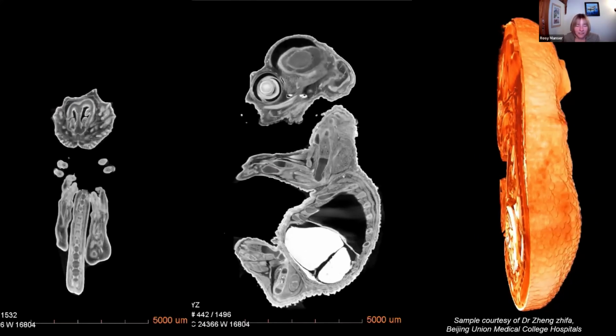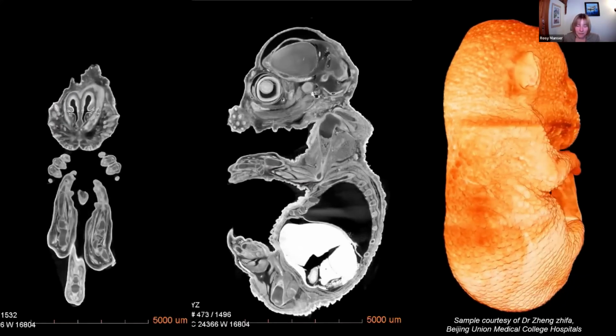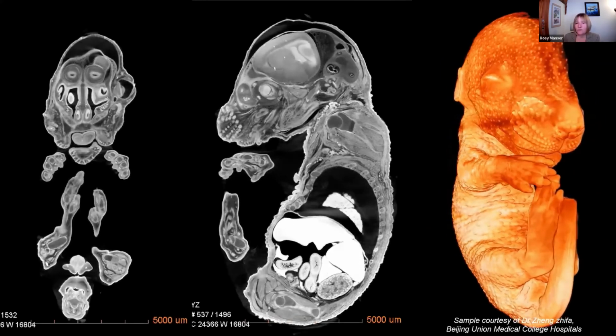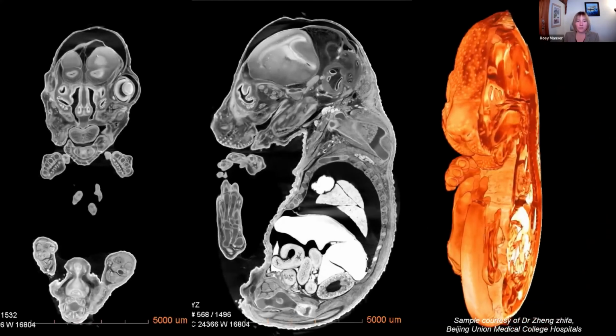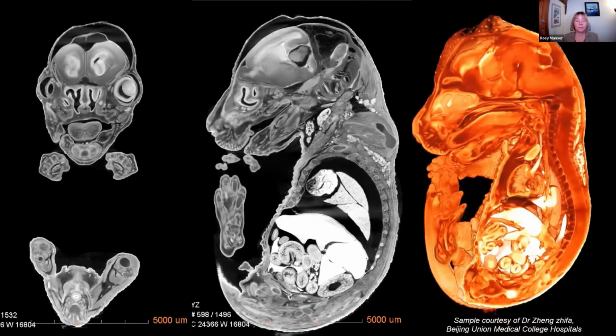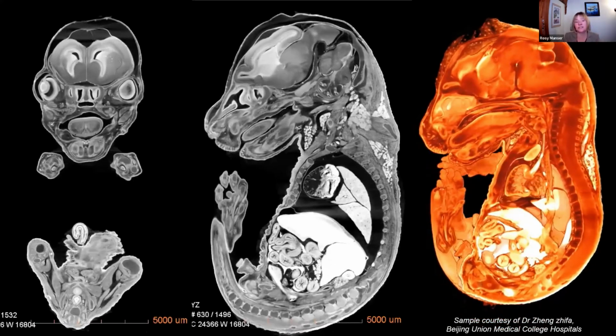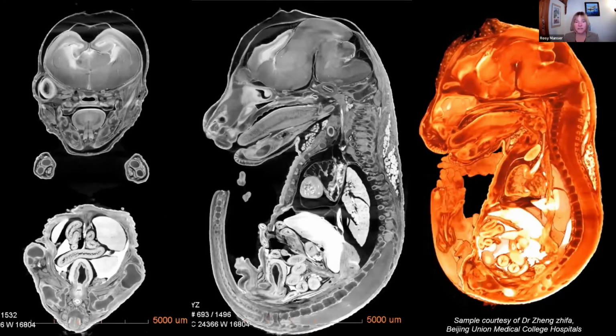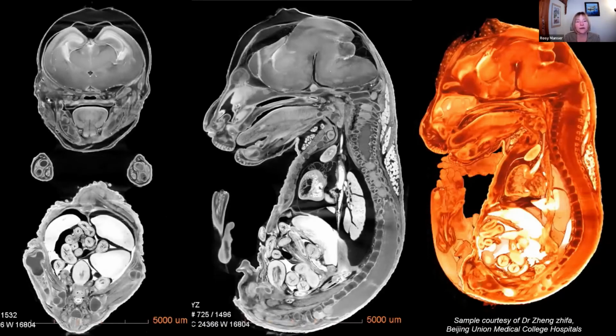Possibly one of my favorite data sets. This is a mouse embryo that showcases some of the detail that you can achieve for being able to compare things like genetic models. So it might be that you're looking at toxicology studies, you might be looking at genetic models, you might be looking at the effect of certain things on different organs within the embryo.